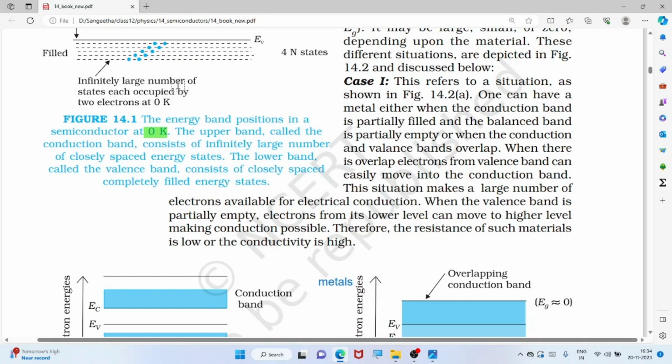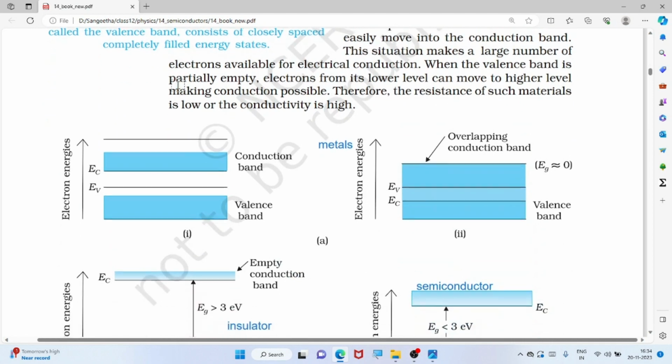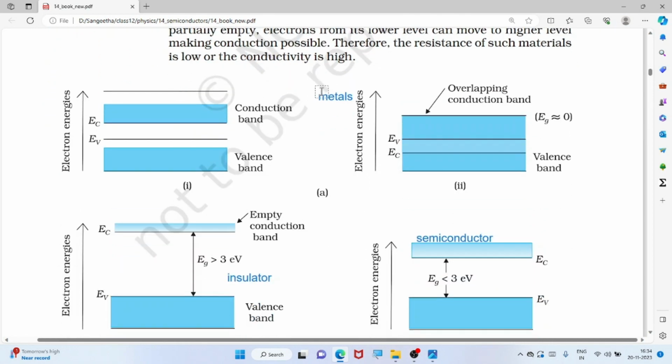At 0 degree Kelvin temperature they are given. So this is how it is for metals: the energy gap between the conduction band and the valence band. In some materials there is a gap, and here the conduction band and the valence band overlap, for the metals.